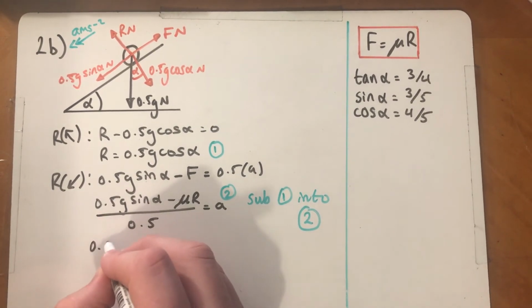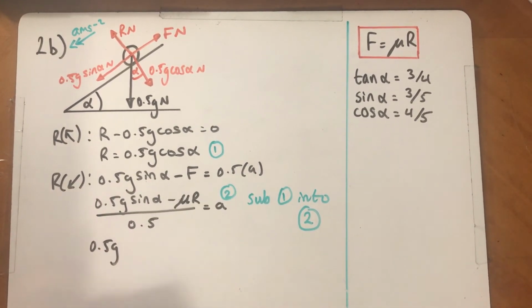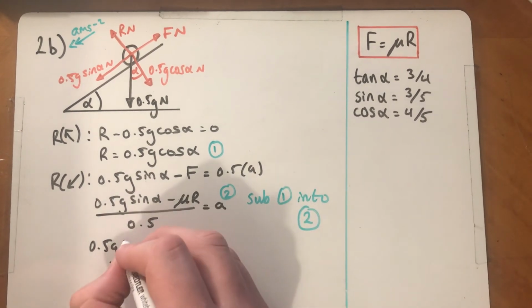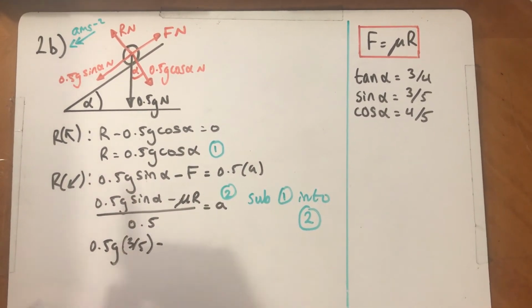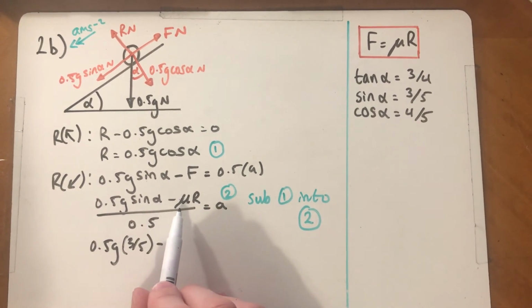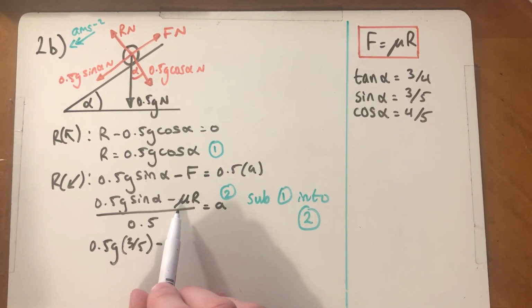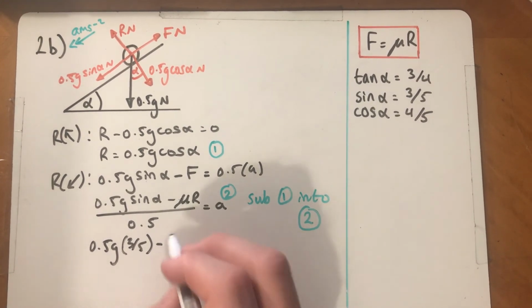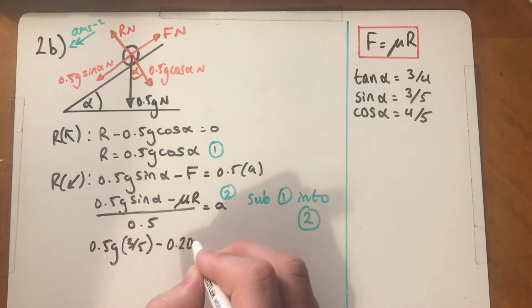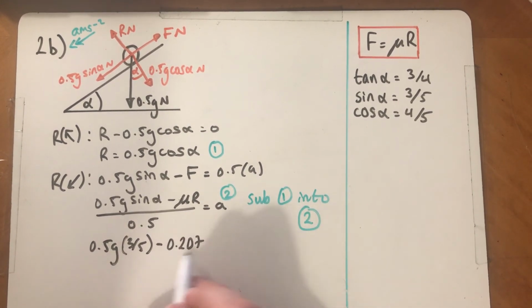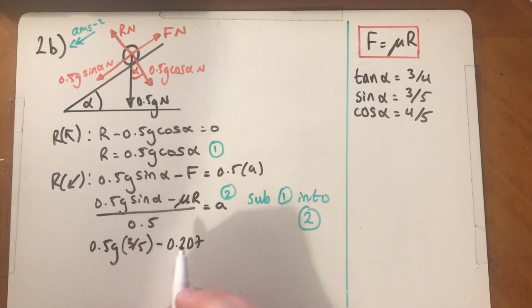So 0.5g, and I know that sine alpha is 3 over 5, minus mu, which from our previous question is 0.207 to 3 decimal places. What I'd recommend is to use your answer button in your calculator, pressing shift and answer, so that you do not lose any accuracy.